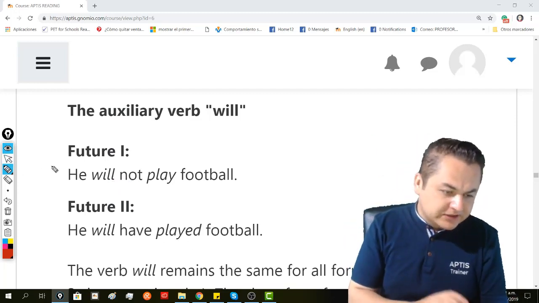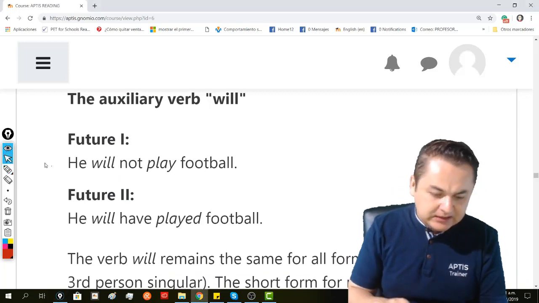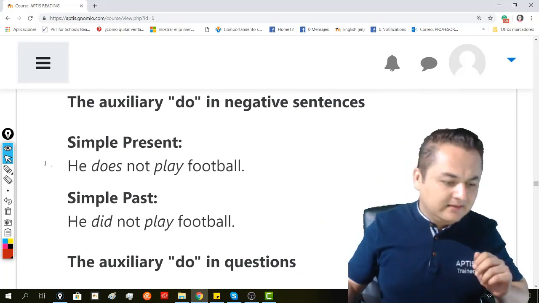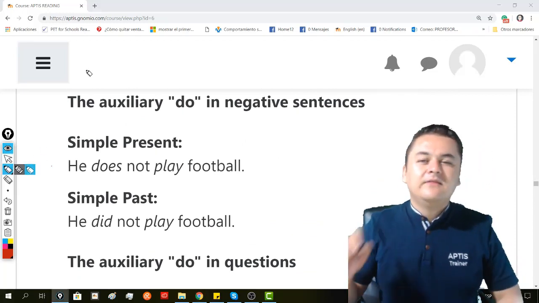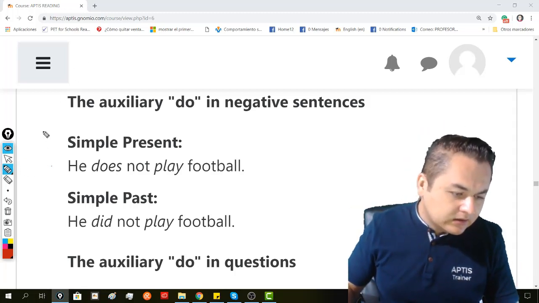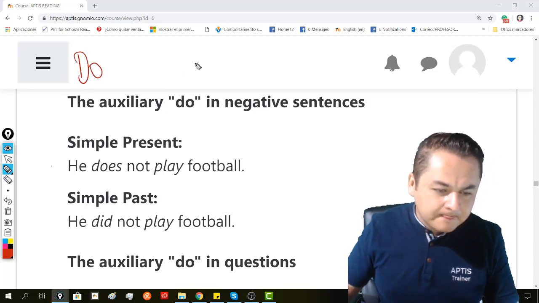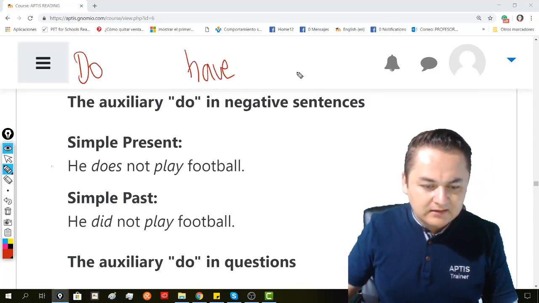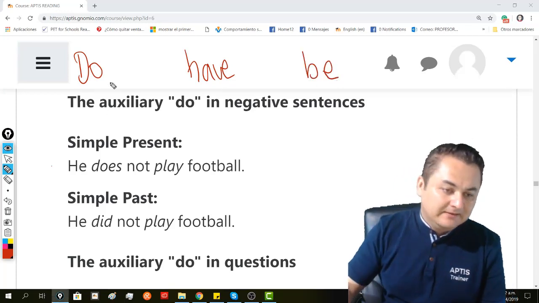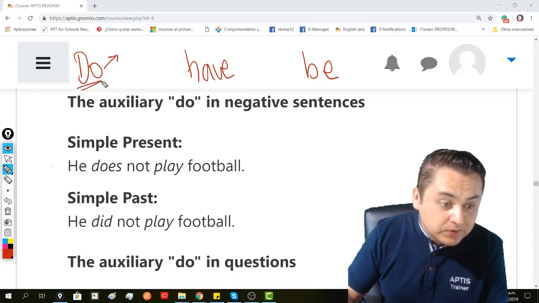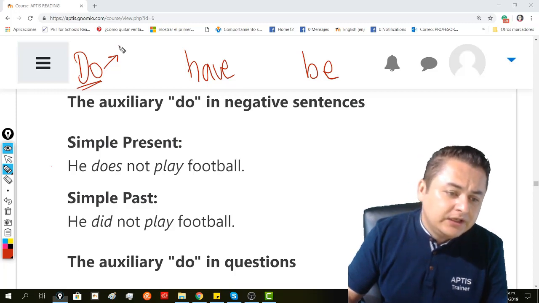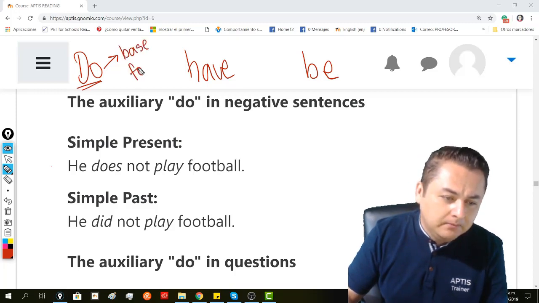So, I am going to summarize these ideas by basically saying that the three main auxiliary verbs in English are do, have, and the verb to be. If we have the verb to do, the next verb needs to be in its base form.